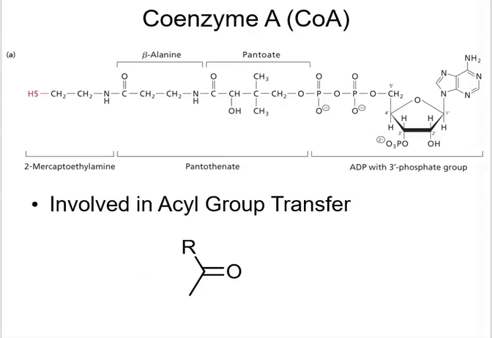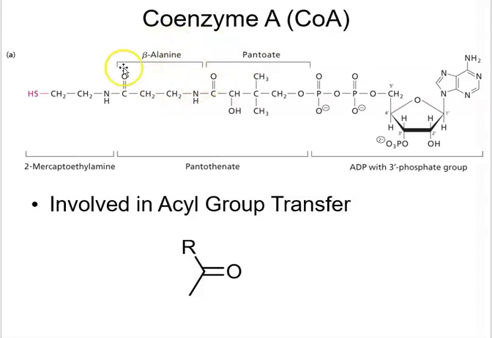Coenzyme A is an important component of, we can see that the ADP component, this is adenosine diphosphate. So like the kind of the base pair, adenosine and 2 phosphates. It's kind of like the backbone of DNA, but it's actually also can be used as a coenzyme in different enzymatic processes. Pantothenate, this is actually generated from vitamin B5.